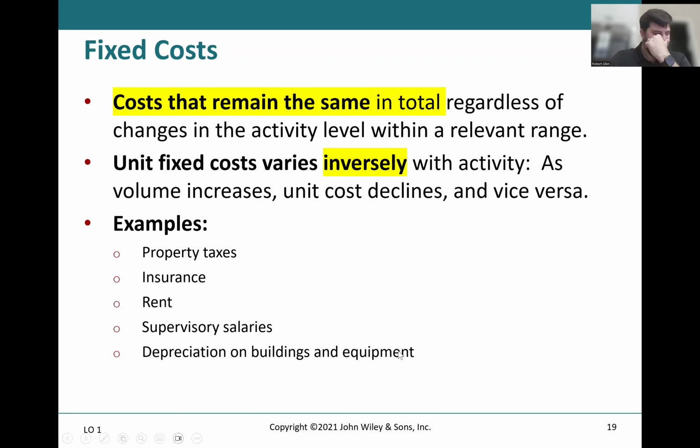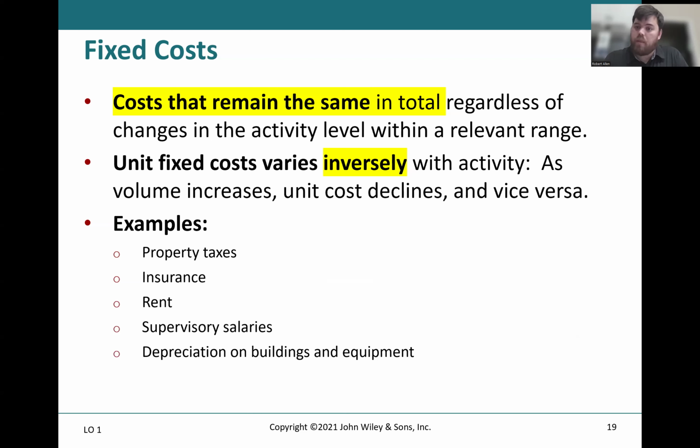I will tell you there is kind of an asterisk on this one. This is true unless you use what we call activity-based depreciation. If I use activity-based depreciation, then the depreciation changes in direct proportion to changes in production, in which case it becomes a variable cost. Or I might do some other depreciation method where this potentially becomes a mixed cost. There are many depreciation methods, not just the ones you learned about in financial.